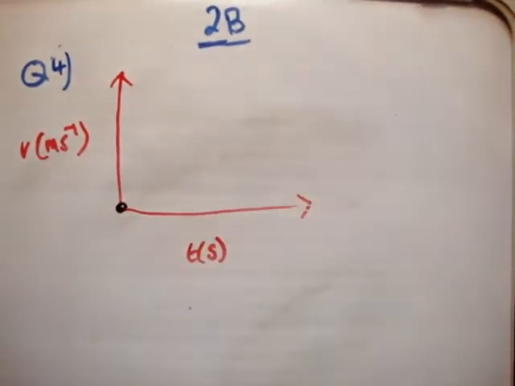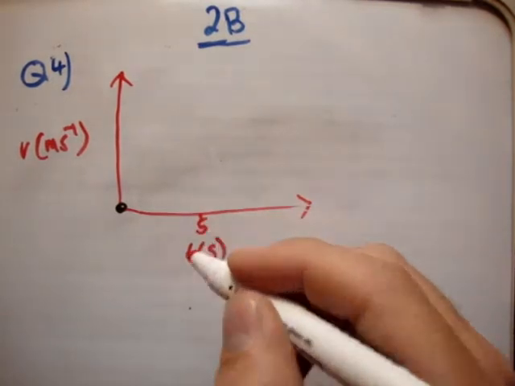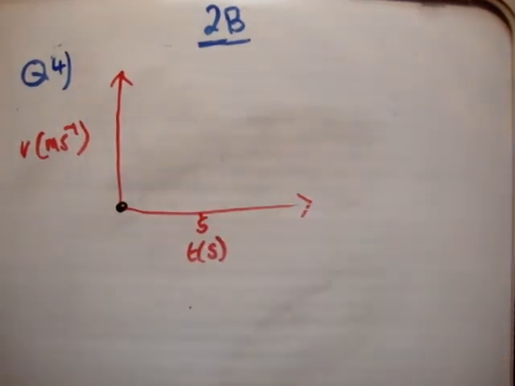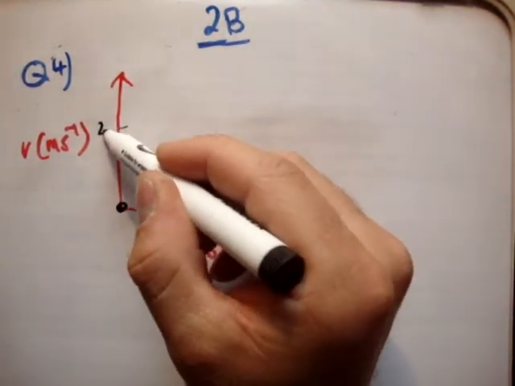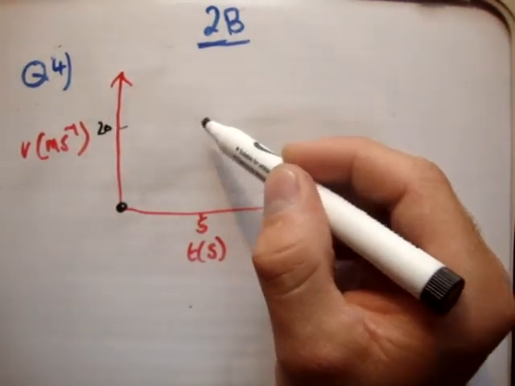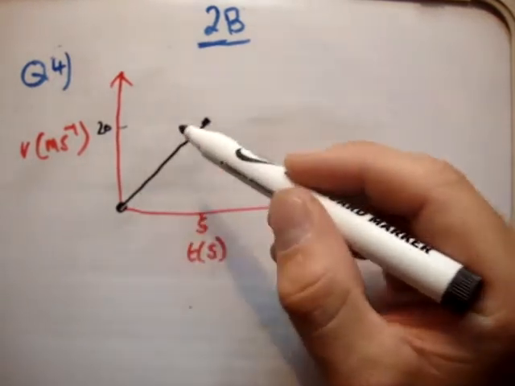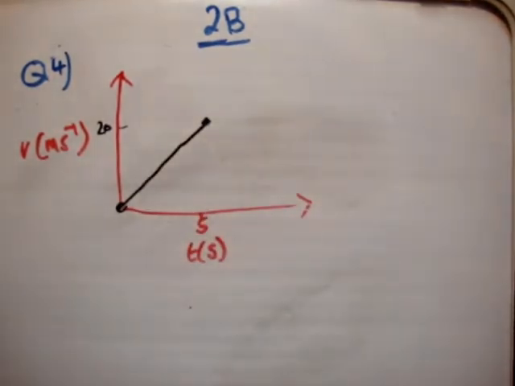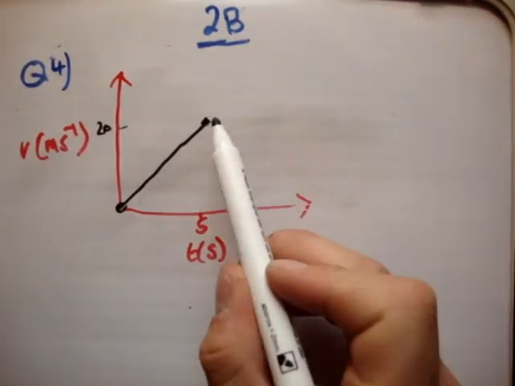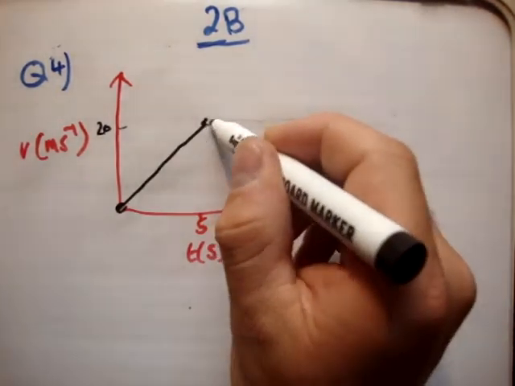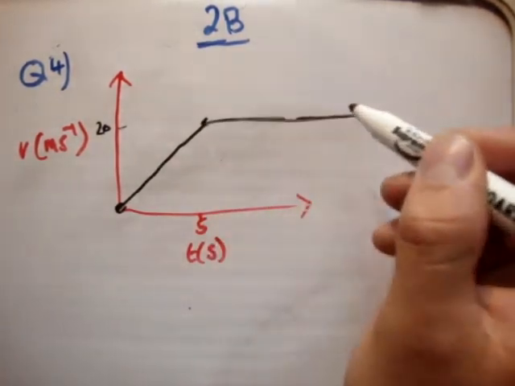Over a period of 5 seconds, it accelerates to a speed of 20 meters per second. You can join them by a straight line because the acceleration is constant, and it continues at this constant speed, where there is no acceleration thereafter.